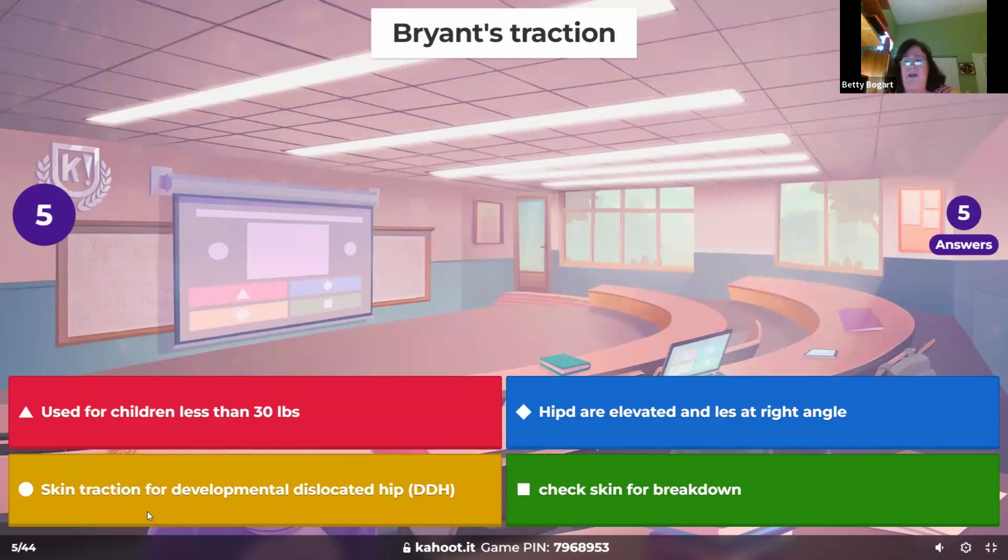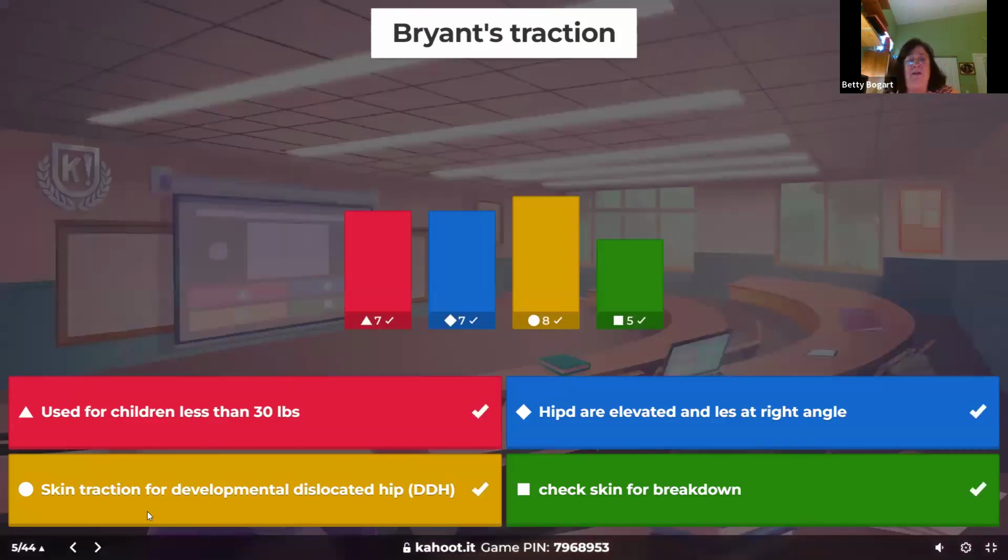It's for children less than 30 pounds, for that DDH, to keep those hips, put it back where they need to be. Their hips are elevated and they're at a right angle. And always, whenever you're in traction, check for skin breakdown and maybe massage underneath if it needs it.